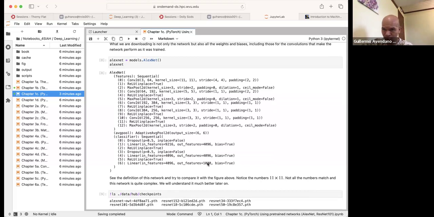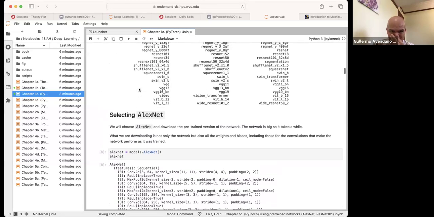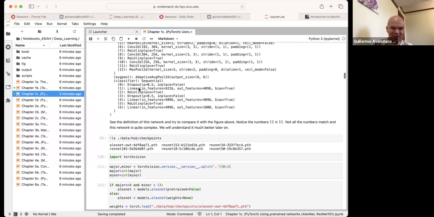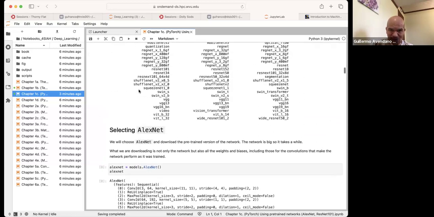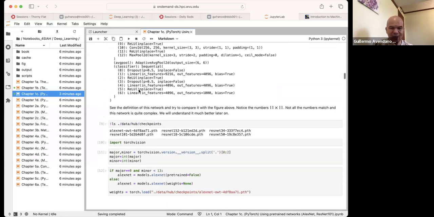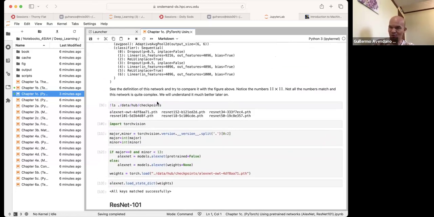1,000 outputs. So they start with images that are 64 by 64, 3 colors, no, 11. I don't remember exactly the size of that. I need to check what is the size of the image that it's supposed to get. And at the end, I have 1,000.